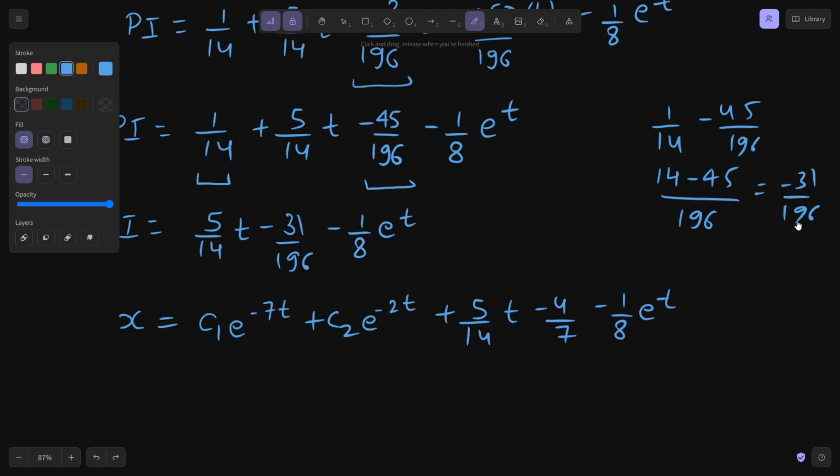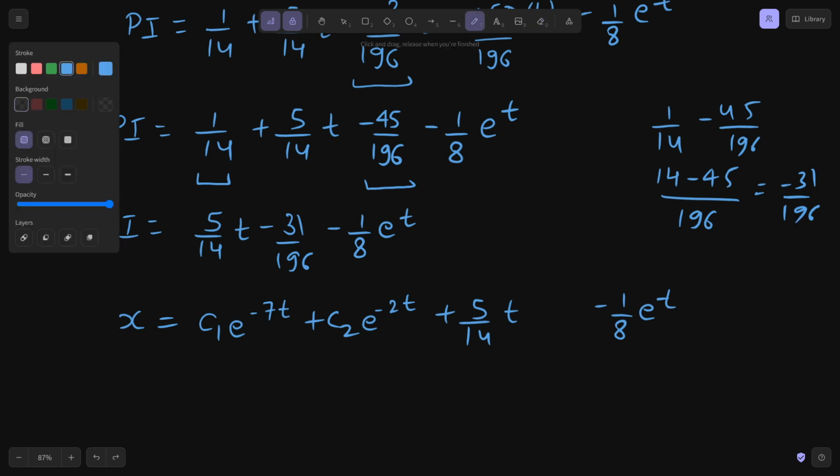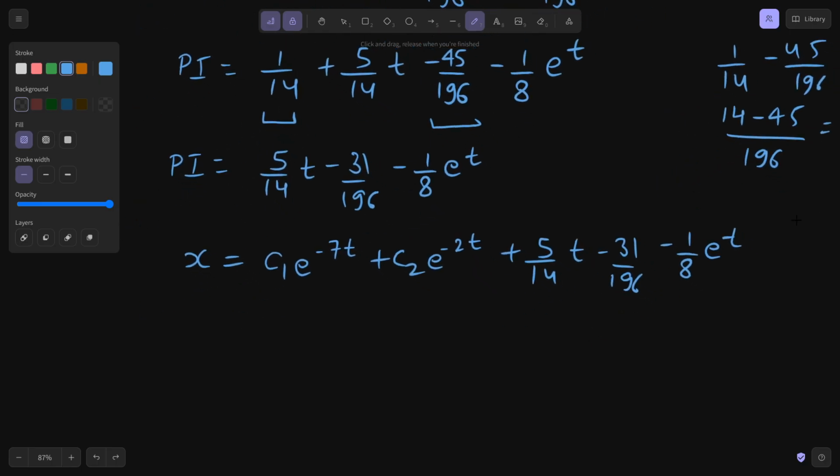So 5 by 14t is fine, and here I will have to make some change, that is minus 31 by 196 and minus 1 by 8 e power t. So this is done. Now what we'll have to do, we have successfully found x, now find the value of x.